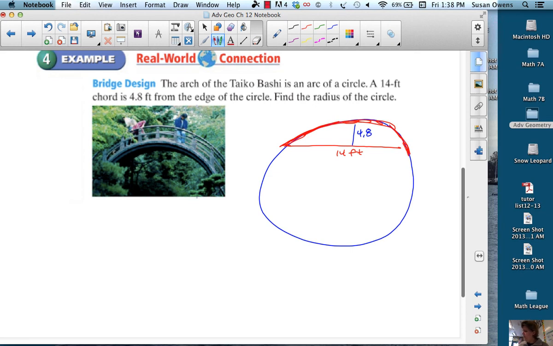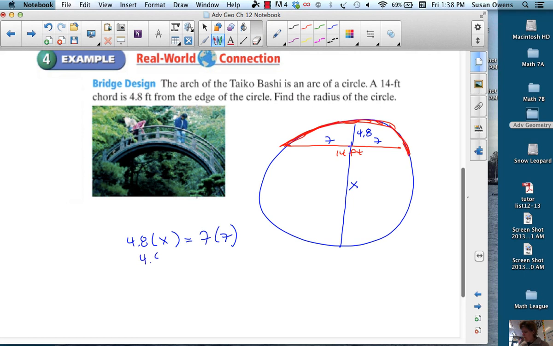So what I know about this is, if it's right at the very top, then it's going to bisect this, so that's going to be 7 and 7. And then if I extend this all the way down, I get an intersection of two chords that are inside. So I'm going to call this x. And so what I know is if I go 4.8 and I multiply it by x, that's going to be the same as in the other direction, which is 7 times 7.